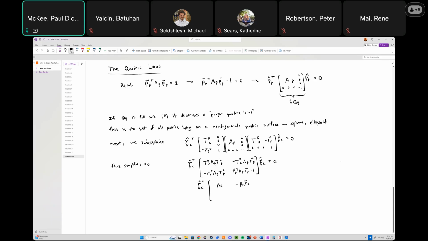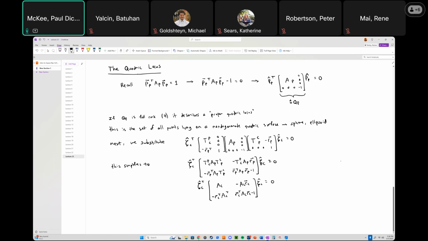And then this would be negative RC transpose AC. Well, transpose, but it doesn't make a difference. And then finally, we get RC transpose ACRC minus 1, and zeta C is equal to 0.